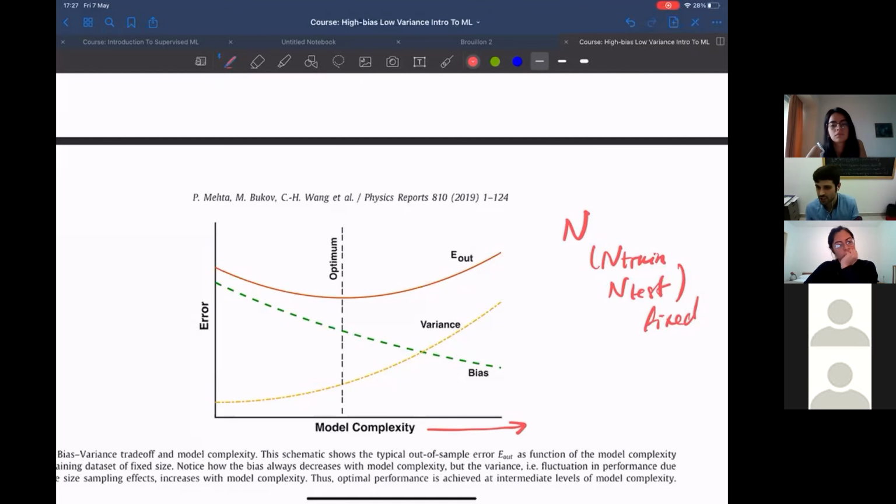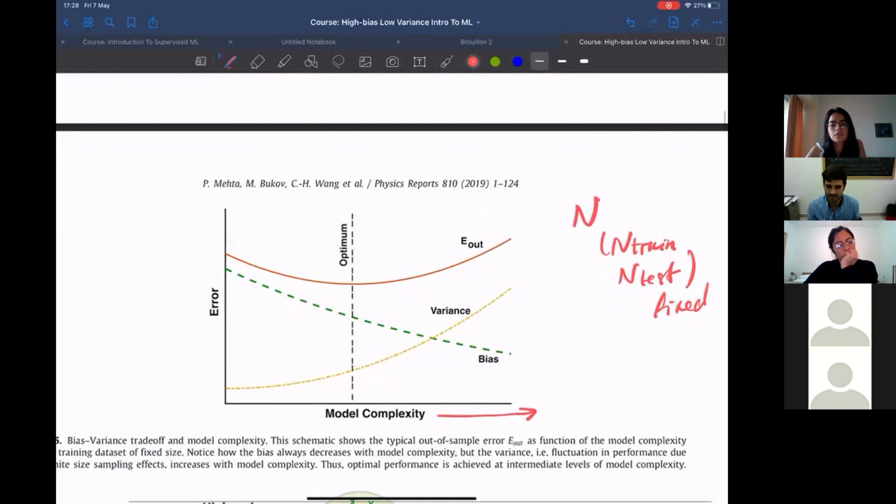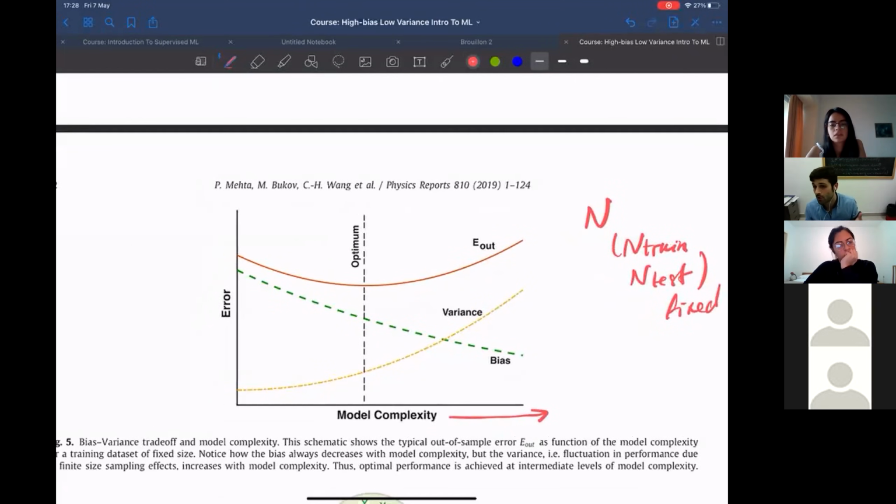So what do I mean by richness or complexity of the model or of the hypothesis class? This is often a notion which is not easy to define. It depends on what type of model you are talking about. But broadly speaking, the model complexity means essentially the number of parameters that you can fit in your model.